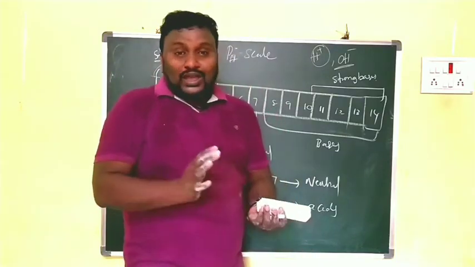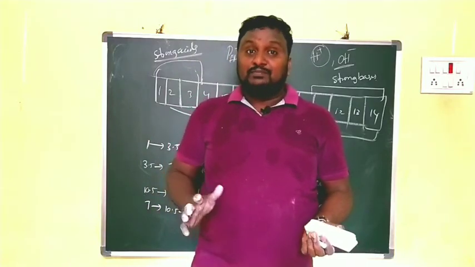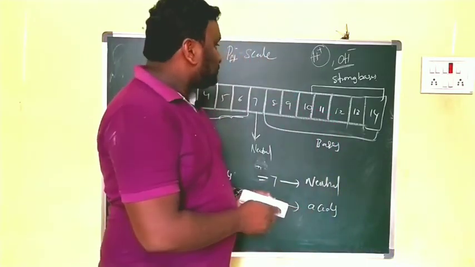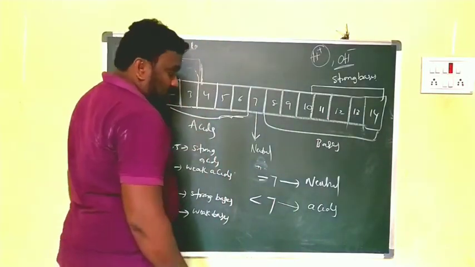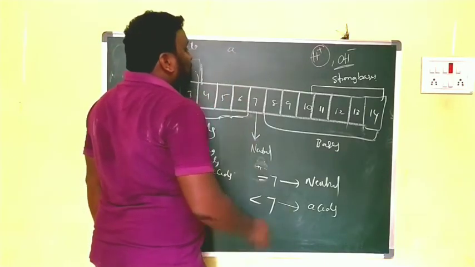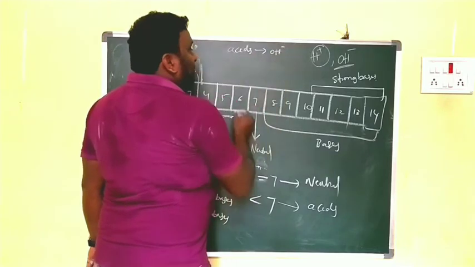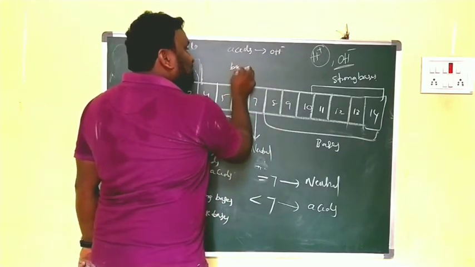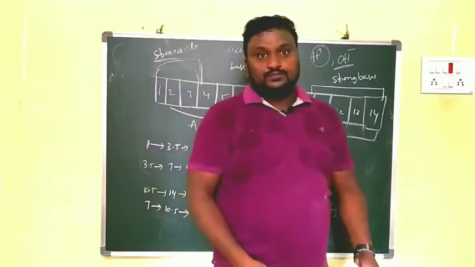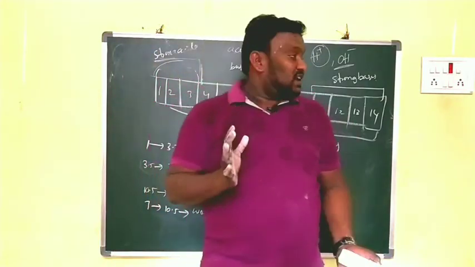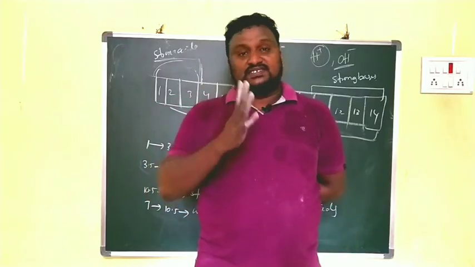So why are we saying weak bases and strong bases? Based on their nature. Here it is very simple. In acids also OH ions are there, and in bases we also have H plus ions. Generally, how can we decide an acid? By more H plus.